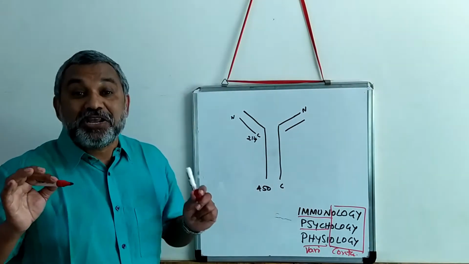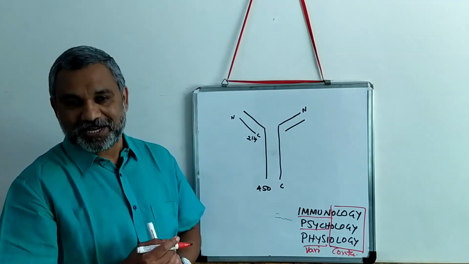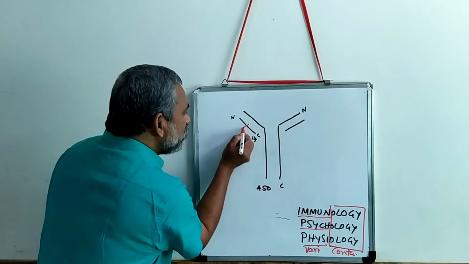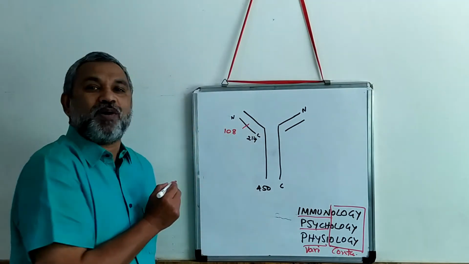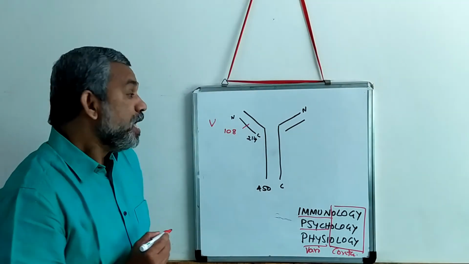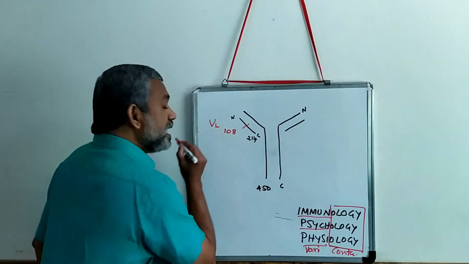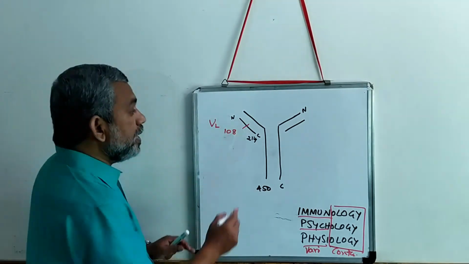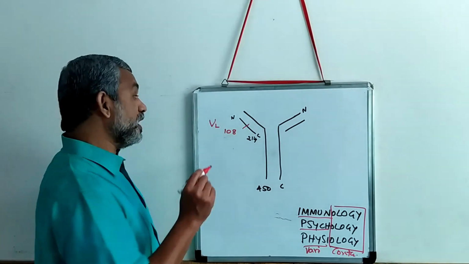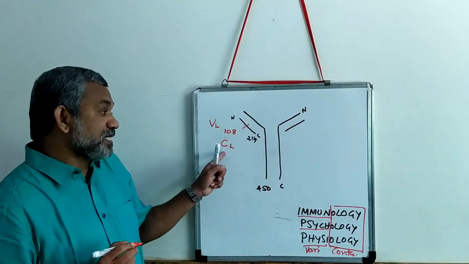In an antibody, each of these chains also has a constant region as well as a variable region. In this light chain, the first 108 amino acids denote the variable region. The variable region of the light chain is denoted as VL. This portion is the constant region of the light chain, represented this way.